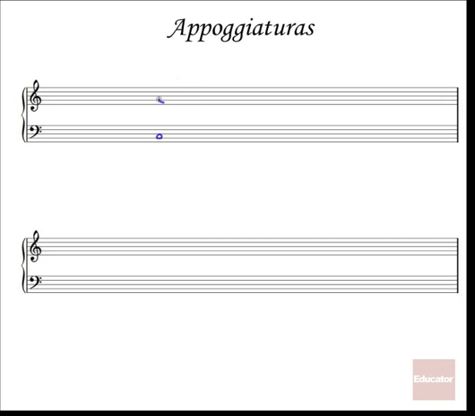So G, C, E, and if I was going to go to another chord, like maybe, let's see, what about an A minor chord? So let's draw an A here, and then keep the common tones, so C and E. And then the G moves to an A.